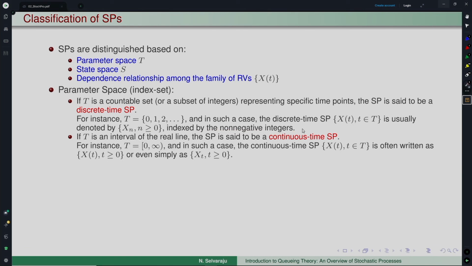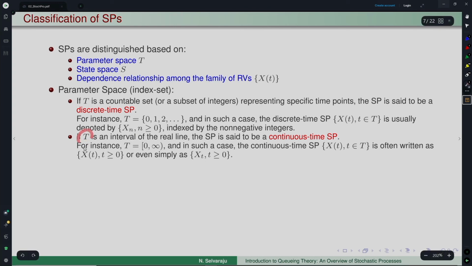In the discrete case, it is common to use the suffix n instead of t within brackets, like in the coin toss experiment we have seen, X1, X2, X3, X4 and so on. If you use the index n, it is always assumed that the index is discrete.